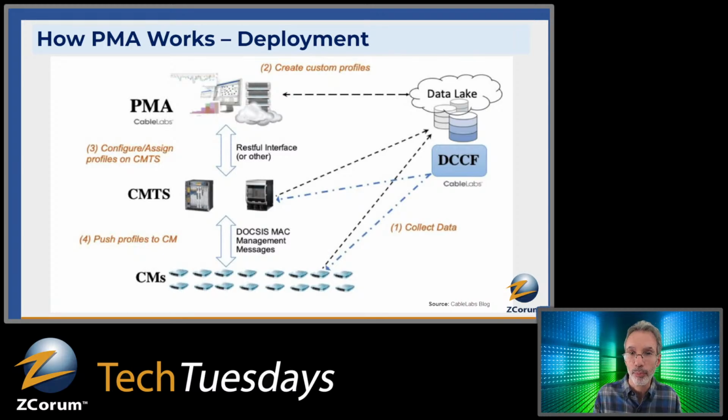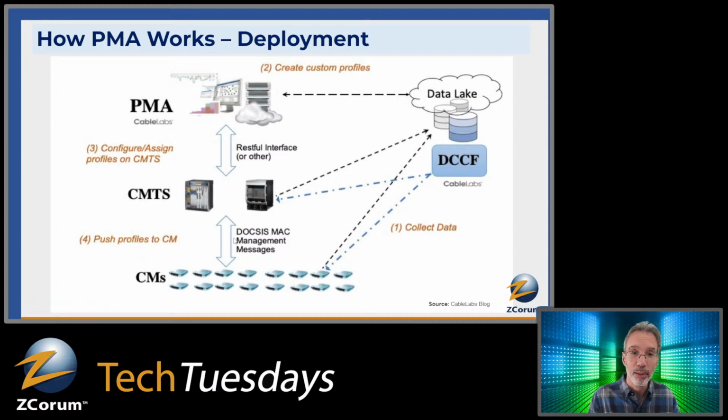Instead of making a jump from 1024 to 2048, I think might be two of them, you can go in between there. It's going to configure and assign those profiles on the CMTS for you, and of course you can keep track of all of this and watch it. And then it pushes those profiles to the cable modems so that they will then use those profiles.